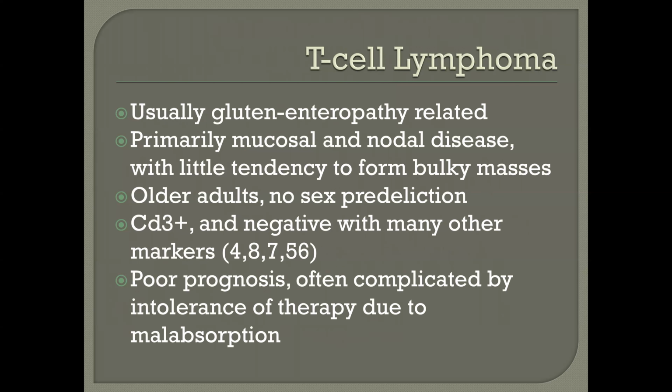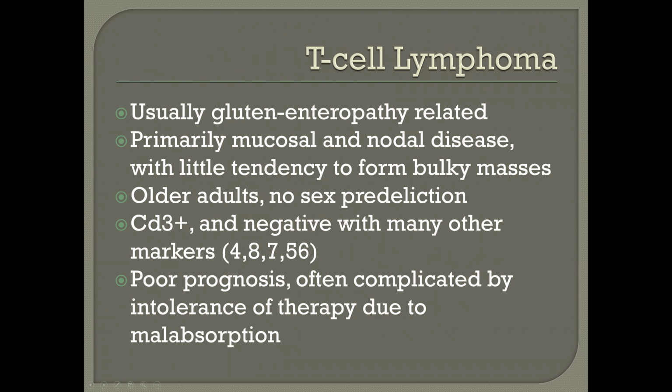T-cell lymphomas also occur in the small bowel, and these are often associated with gluten-sensitive enteropathy, but not infrequently in patients who have not been particularly observant of their gluten-free diet.